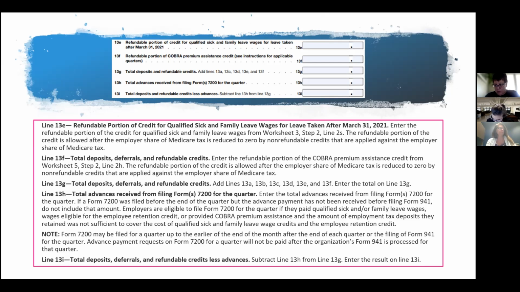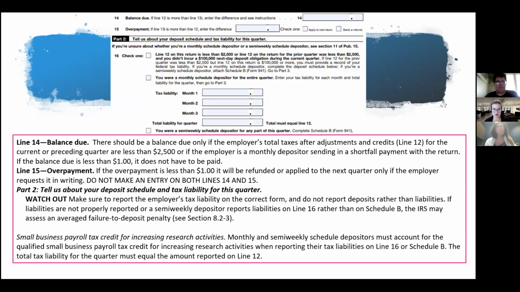So 13I, we're going to add it all up together. Then we're going to figure out your balance due on line 14. A lot of people who've taken all these credits probably won't have a balance due. You may have an overpayment, so you might get something back.